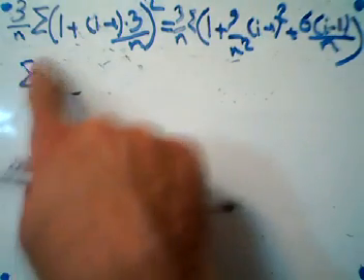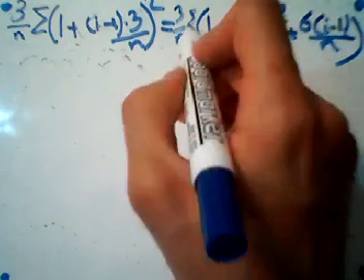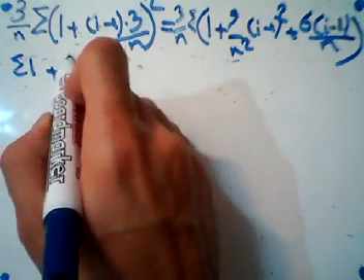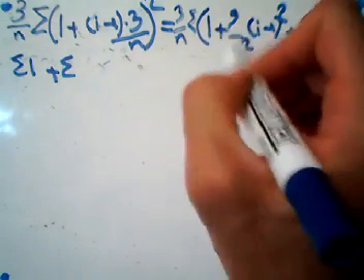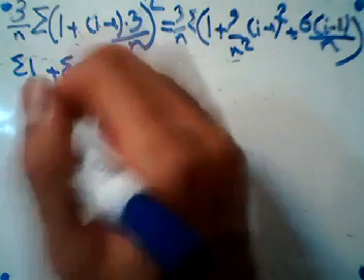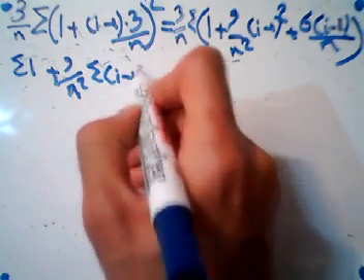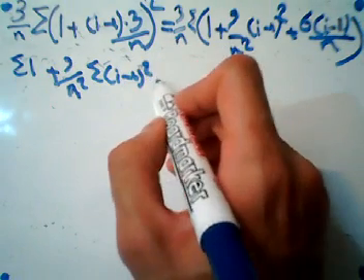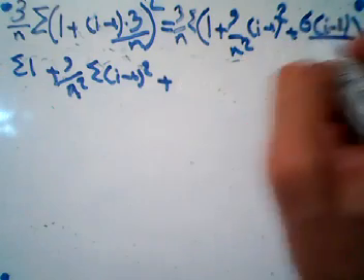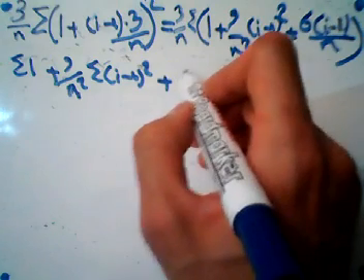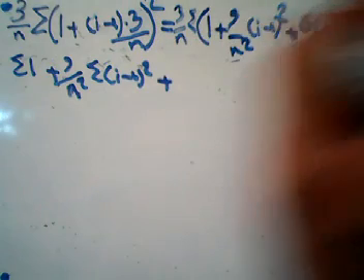Okay, so here this sigma would be equal to sigma 1 plus sigma 9 over n squared, and since it is constant in sigma, it comes out, plus 9 over n squared times sigma of (i minus 1) squared, plus the sigma of the last term, and again 6 over n is constant in that sigma, which means that as i changes, the n doesn't change.